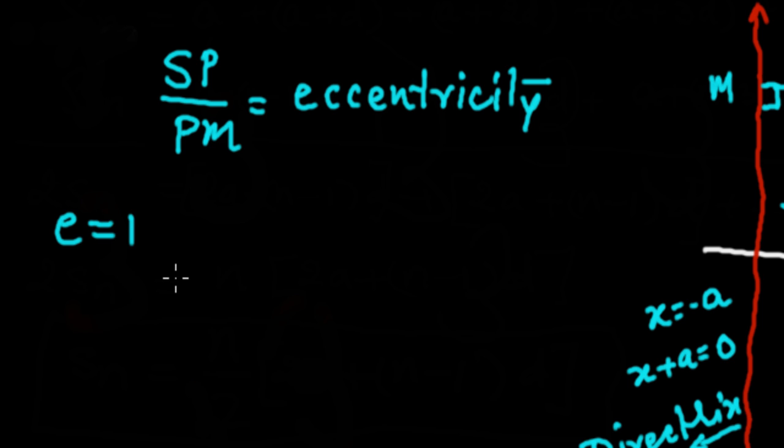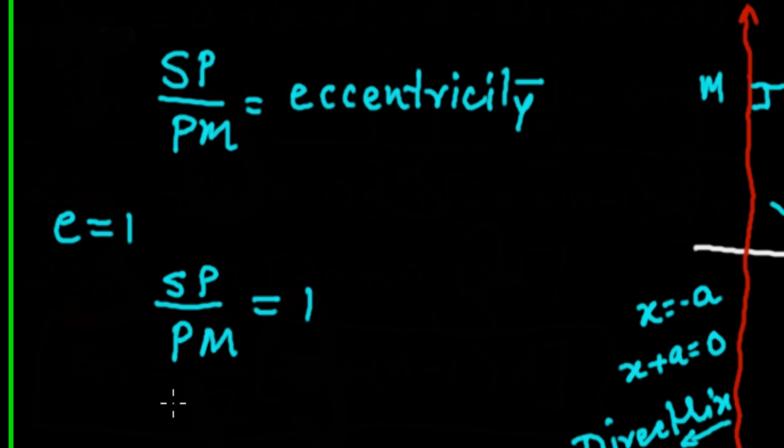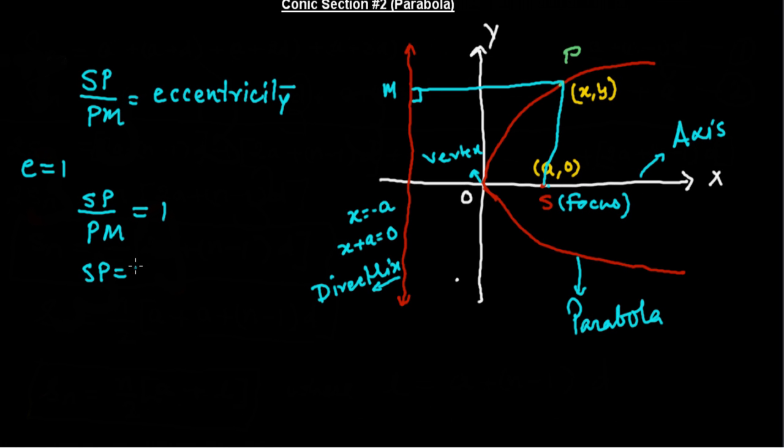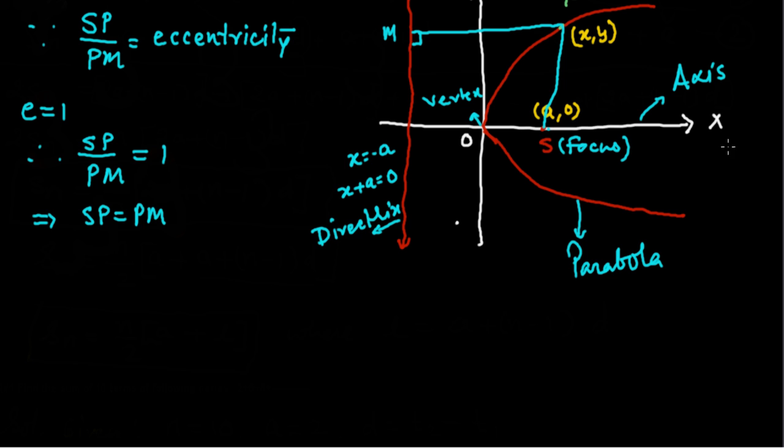So SP upon PM is equal to 1. Therefore SP is equal to PM. Squaring both sides, SP square is equal to PM square.